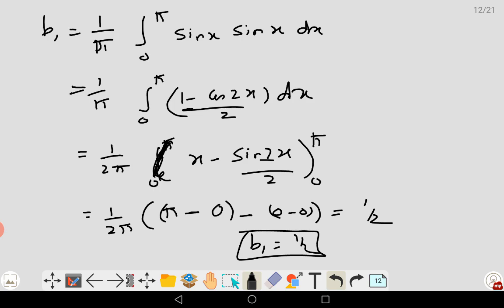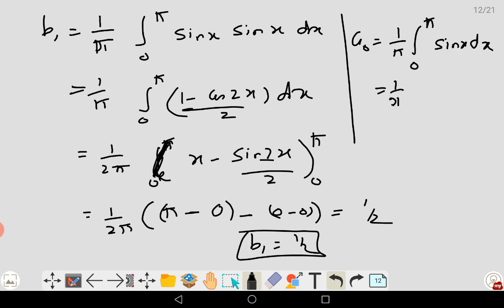How do you write the function? You should recall a0. What is a0? a0 is 1 by pi integration from 0 to pi of f of x dx, which is sin x dx.